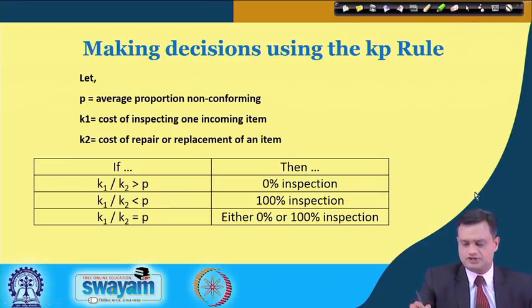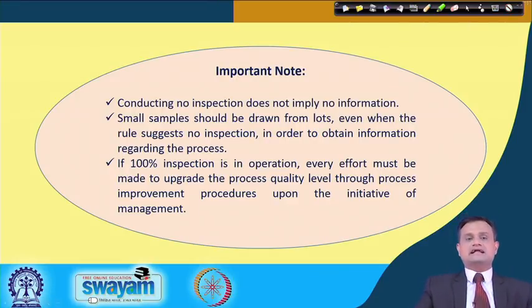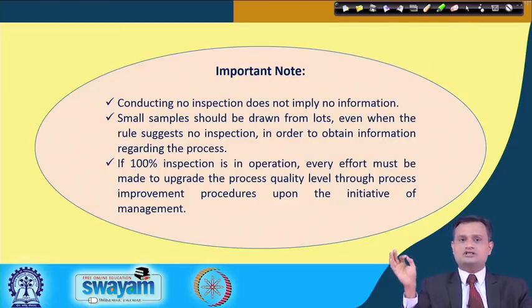I would like to caution you before I finish that there is an important note about the KP rule. Conducting no inspection does not imply no information. You can draw small samples from the lots, and even when the rule suggests no inspection, you can take the sample and develop an idea about the overall health of the process and the non-conforming items it is producing.